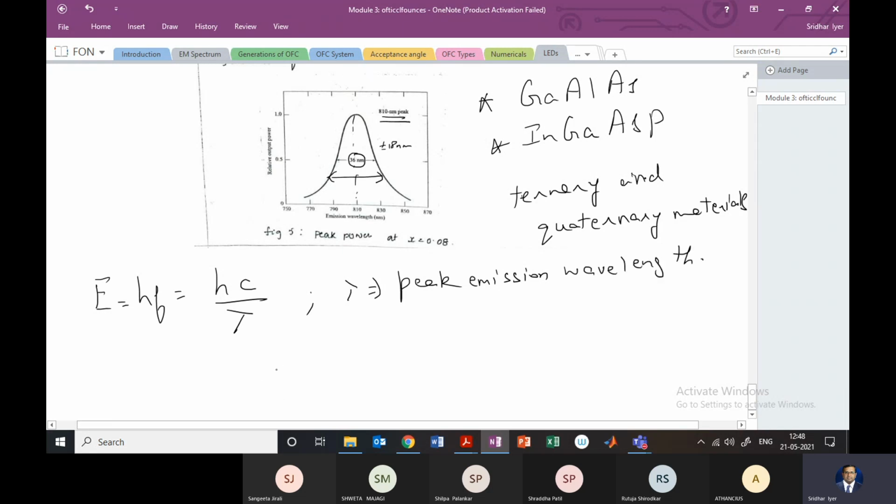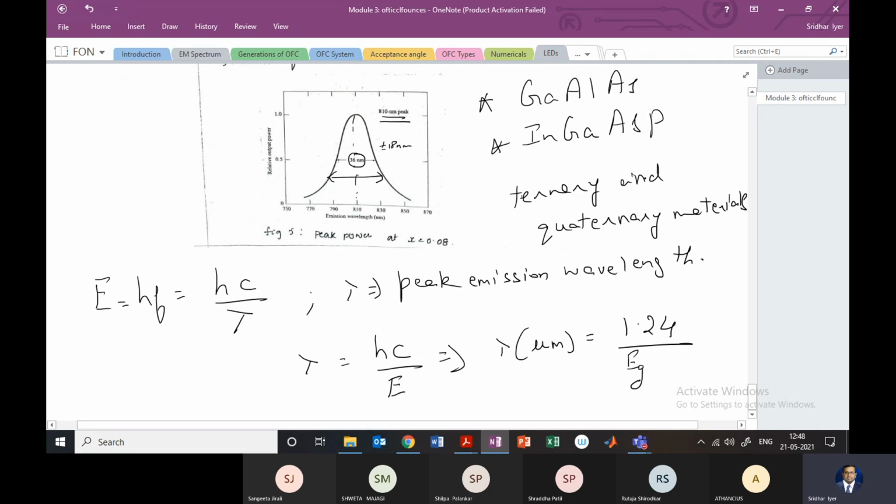Okay, and we can also write from this equation lambda as hc by E, and we can use the Planck's constant value and the value of c, and what we will obtain is lambda in micrometer as 1.24 divided by Eg.